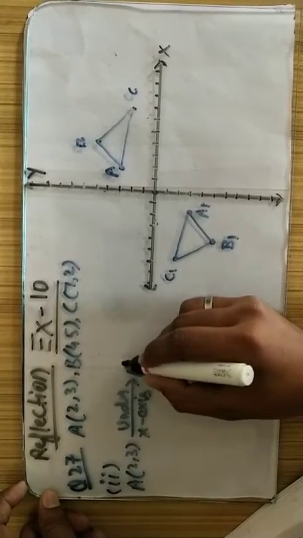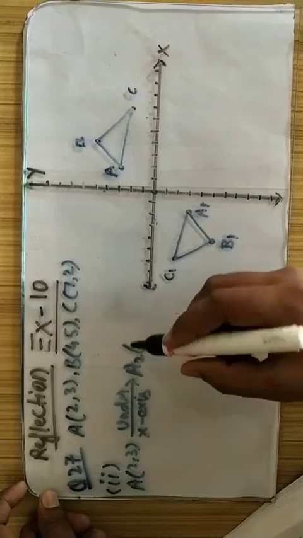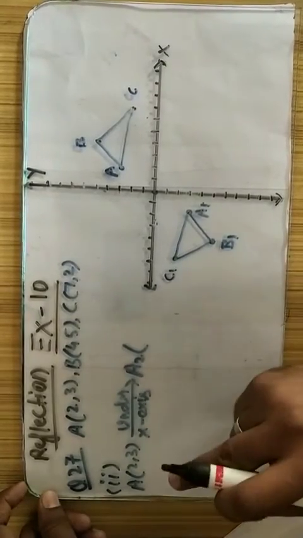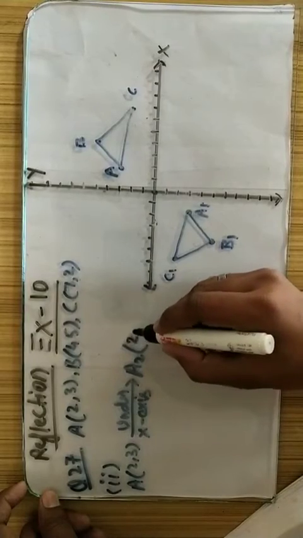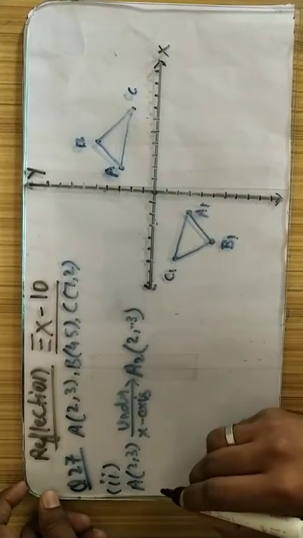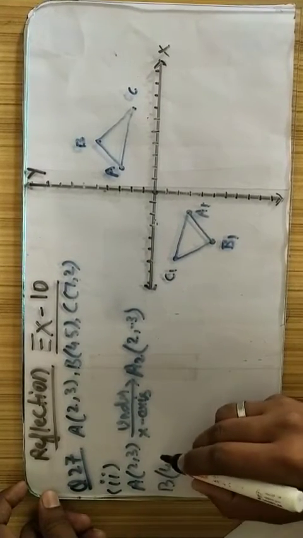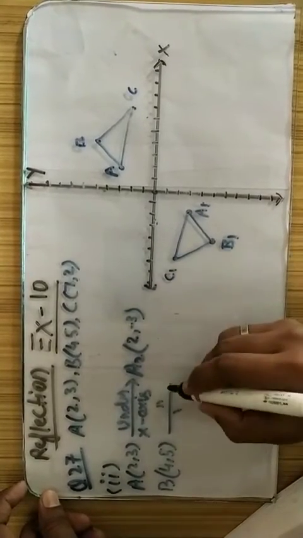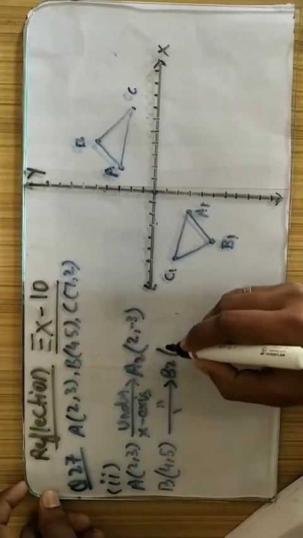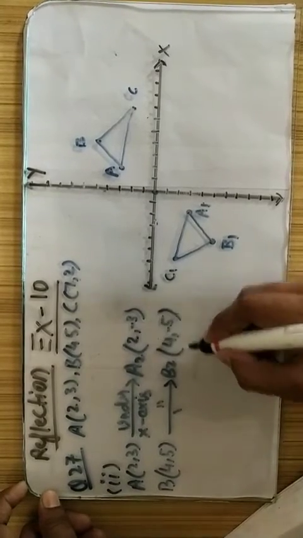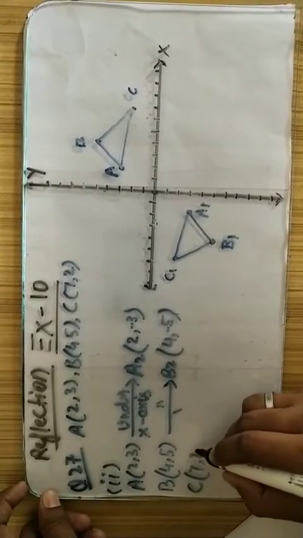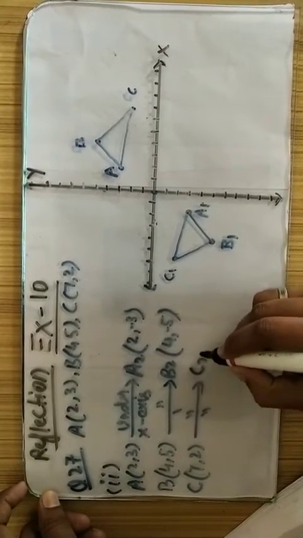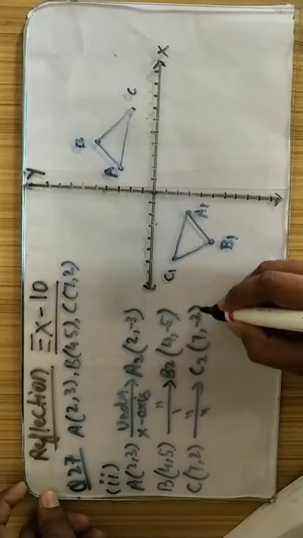Under x-axis only the y coordinate will change sign. If it is positive, it becomes negative, and if it is negative, it becomes positive. Now similarly B (4, 5) under x-axis will become B2 (4, -5), and similarly C (7, 2) under x-axis will become C2 (7, -2).